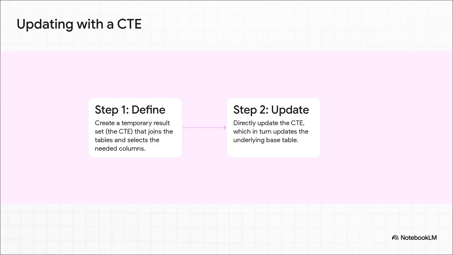First, you use the with clause to define a temporary named thing, the CTE, that joins your tables and gets all the data ready. Then, you just write a simple update targeting that temporary CTE, and the database is smart enough to follow that update all the way back to the real table. The result is code that is so much cleaner and easier to understand.